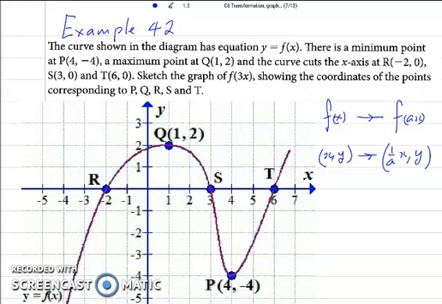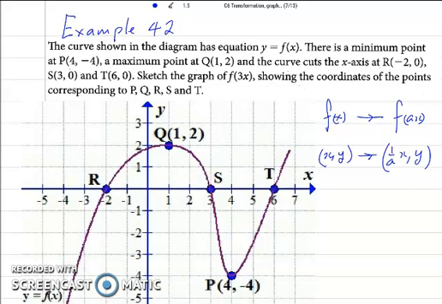As I said before, this is a horizontal stretch of factor 1 over a, so the y coordinates remain the same and the x coordinate is divided by a.